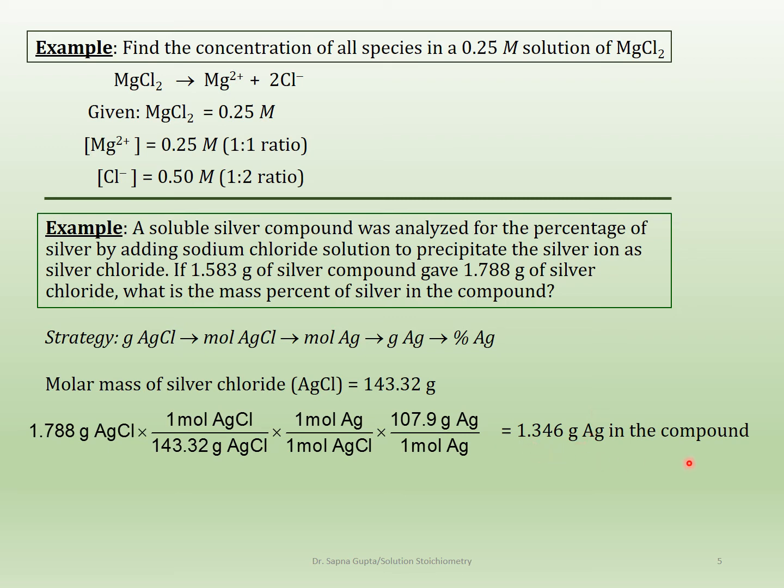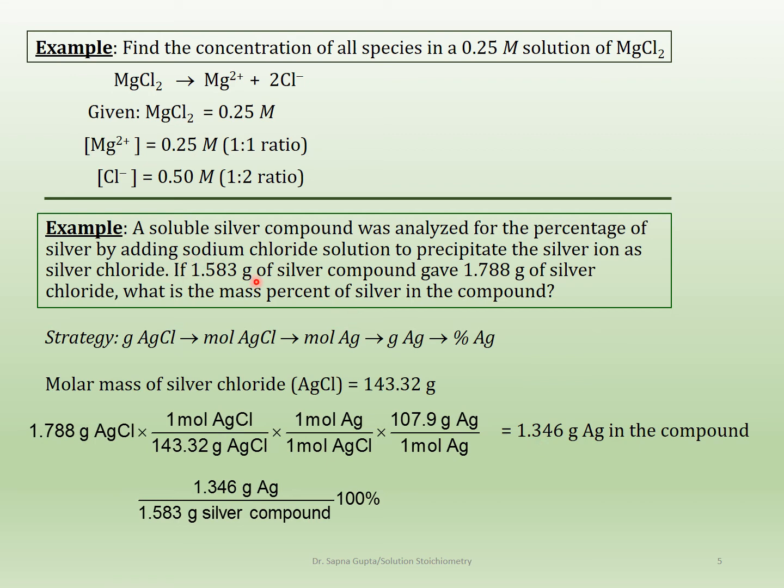So then we have 1.346 grams of silver in the compound, because that is how much silver has precipitated out. So if this is the amount of silver you have in the compound, then here is the initial compound, you find the percent of silver in there. Now remember, a quick cross-check is that the amount of silver you have in the compound should be less than the compound that you started with.